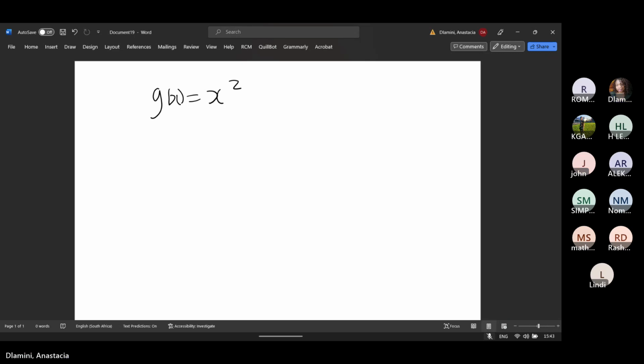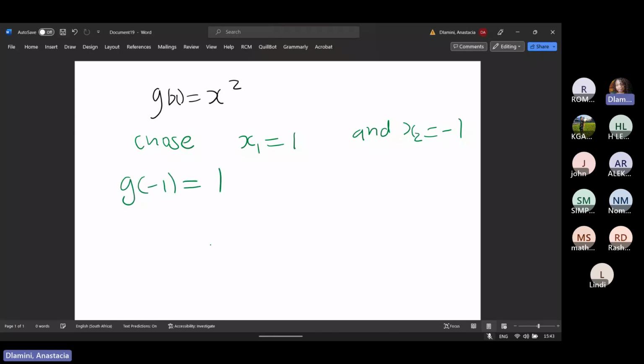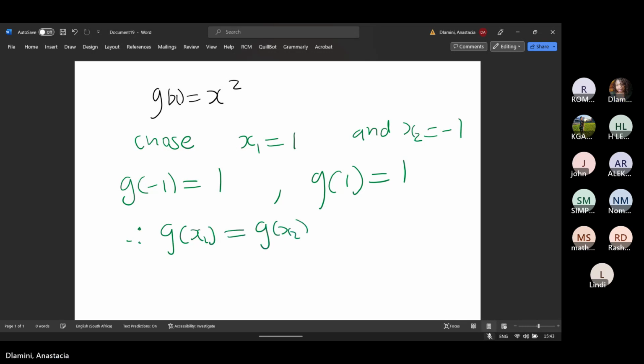You say this function is not one-to-one because if you choose, for example, x1 equal to 1 and x2 equal to -1, you get 1. g of x2, you also get 1, isn't it? Therefore, g of x1 is equal to g of x2 when x1 and x2 are not equal. Do you see that?